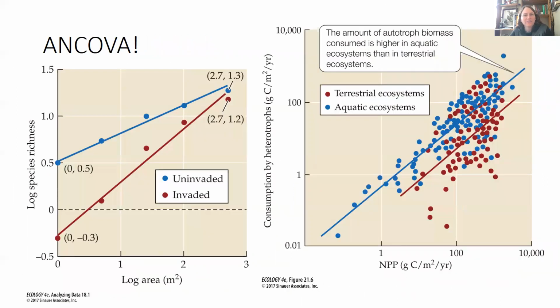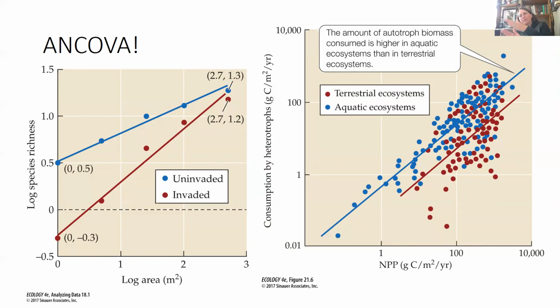And then look at these, we've got some ANCOVA results, right? We're comparing the linear relationships between invaded and uninvaded territories, or between terrestrial ecosystems and aquatic ecosystems. We're looking at differences in the slope between those factors. So we've got a significant difference in slope probably for the invaded and uninvaded graph on the left, but the terrestrial and aquatic ecosystems are declining at the same slope.